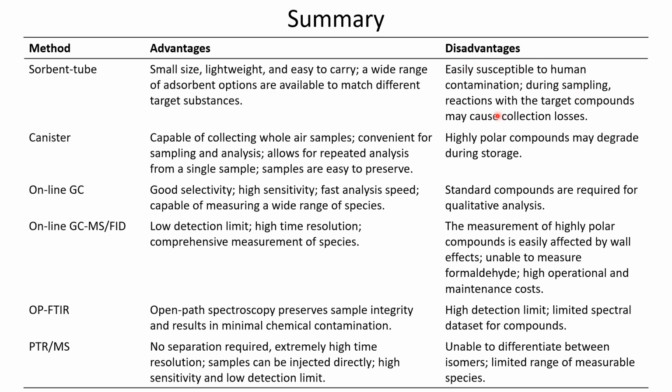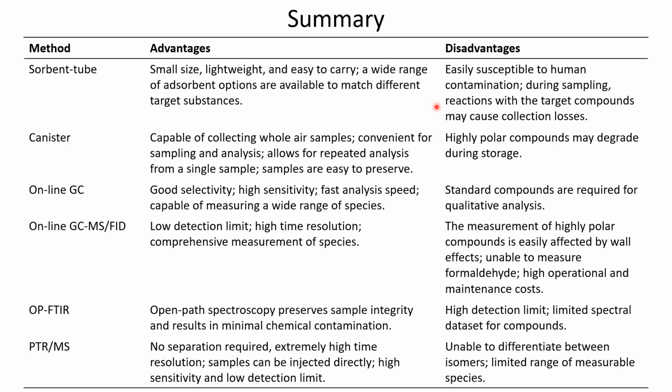But because we need handling to start the sampling, it may be possible for contamination, and it also takes a little bit longer time, so maybe daily or even longer. So yeah, some kind of reaction or contamination.